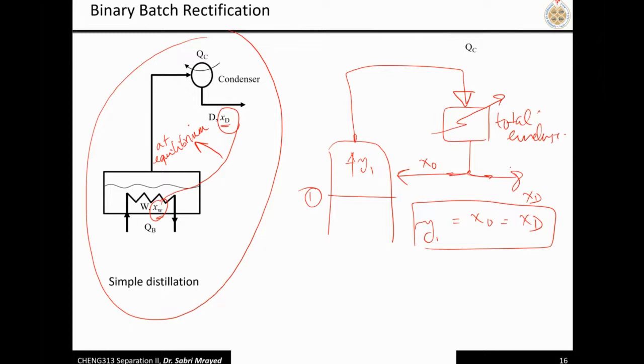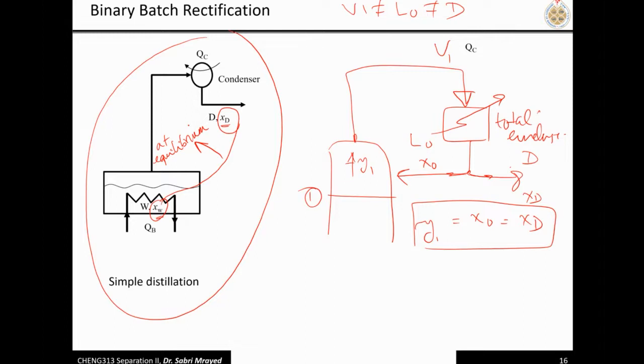Splitting will change the flow rate, so V1 doesn't equal L0, which is not equal to D. But their compositions are the same because we have a splitting point between these streams.